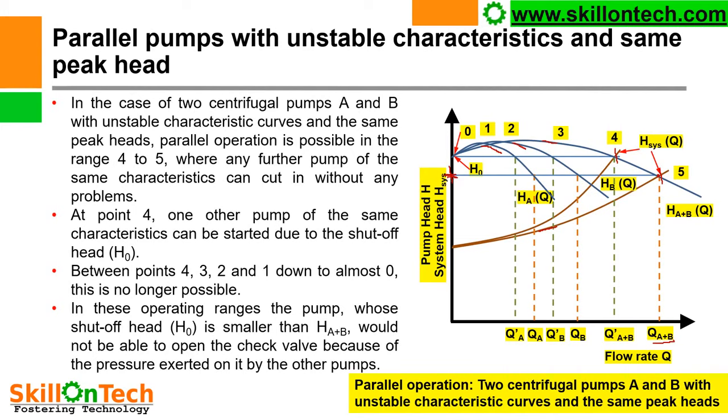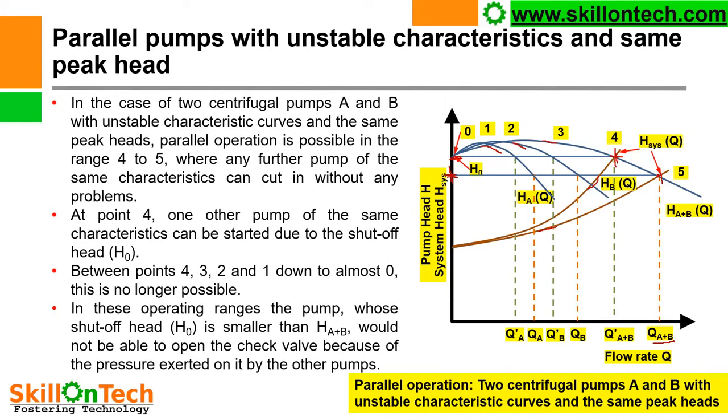At point 4, if the system head curve is this, then this will be the operating point, and the operating head is also here. So here also we can continue trouble-free operation of parallel pumps at point number 4, because the operating head is H0.